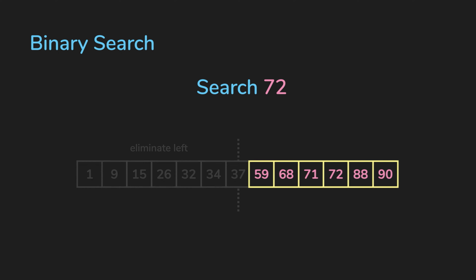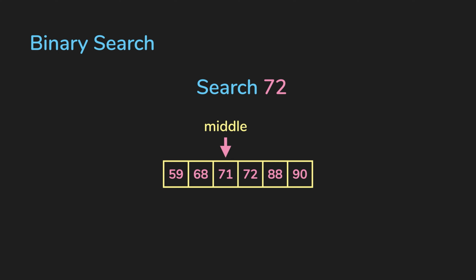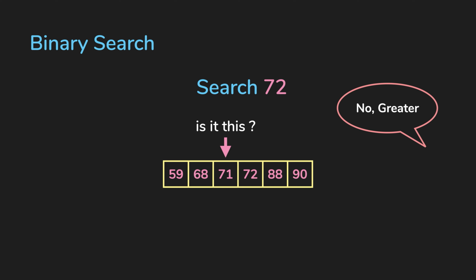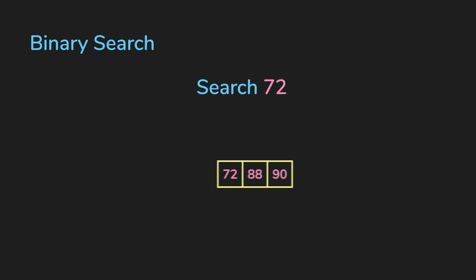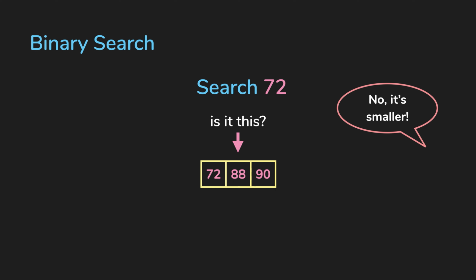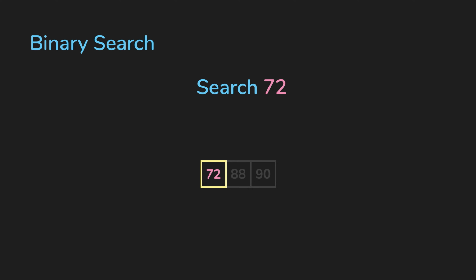We then again divide the rest of our array in half, jump into the middle, and compare the elements. 72 is greater than 71, so we eliminate the left half of the array. And then again, we go to the middle element, which is 88. 72 is smaller than that, so this time we eliminate the right side. And finally, we found it.